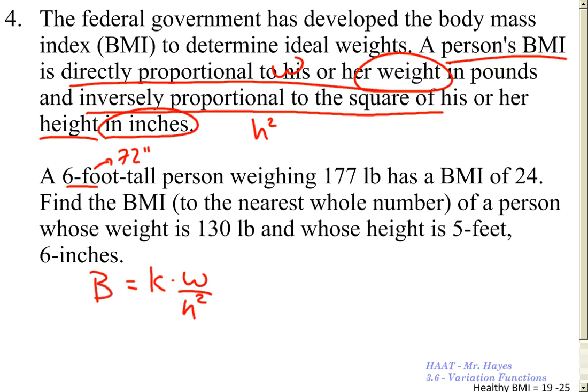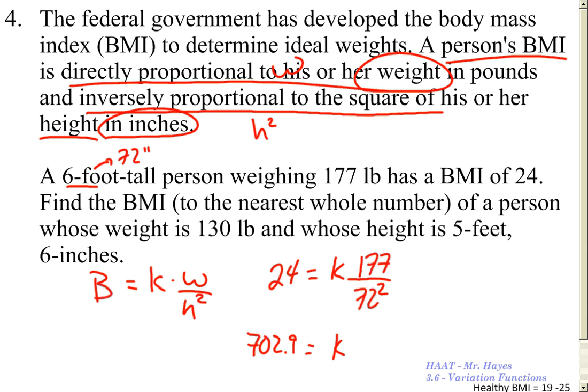So when we start pulling this together to figure out what the constant is, we know our BMI. The BMI here is this person has a BMI of 24. That is equal to your constant. We have this weight of 177 pounds over 72 squared. So when I multiply through by the reciprocal, I'm going to end up with 24 times 72 squared over 177, and you get a constant of 702.9.